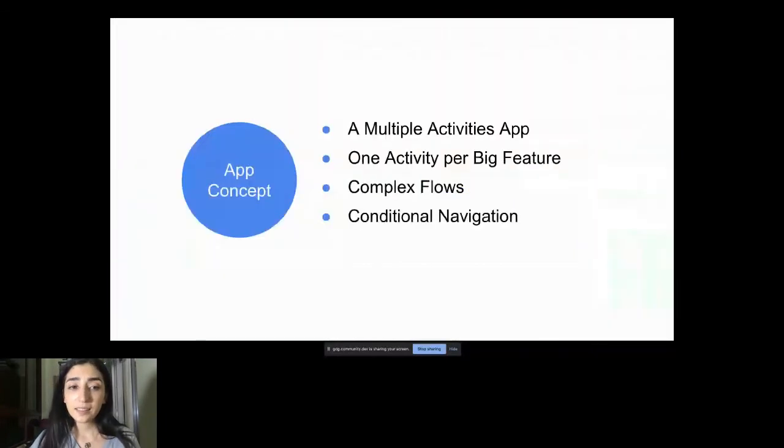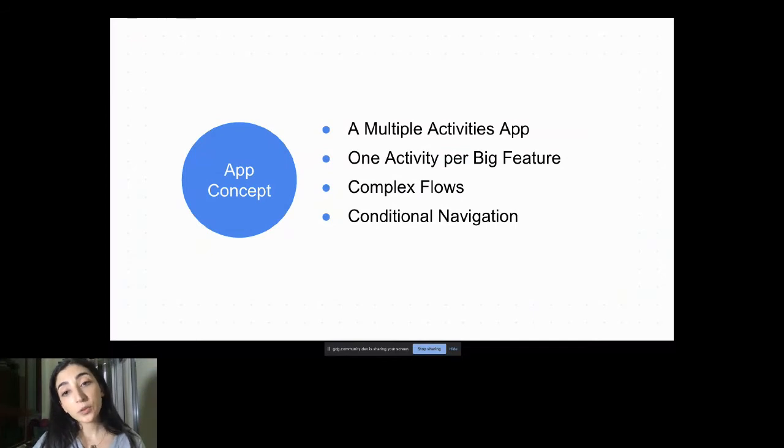So we had this application that has multiple activities, okay? And each activity was an entry to a very big feature, okay? The logic was very complex. It had very complex flows. It was kind of a lot of forms that are integrated into each other, conditional navigations, etc.